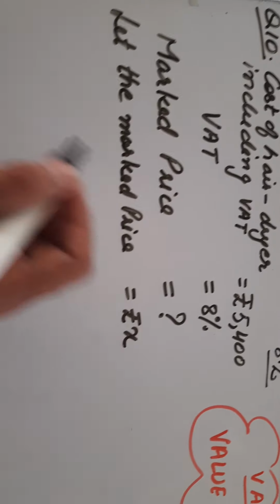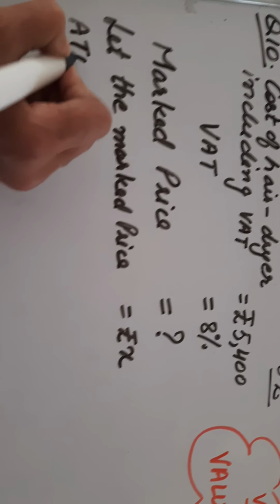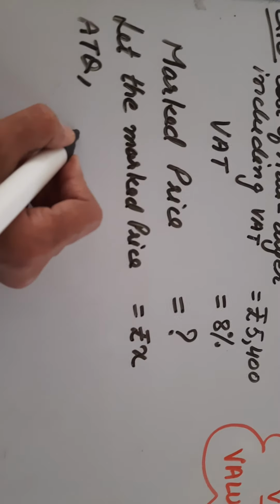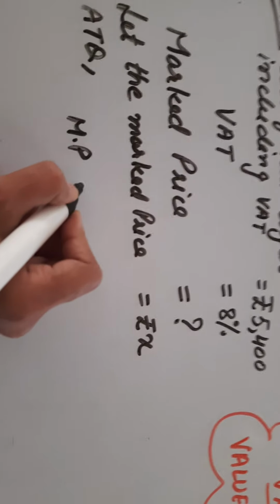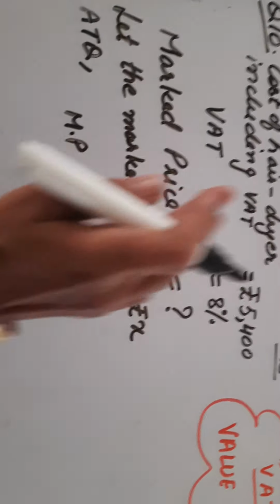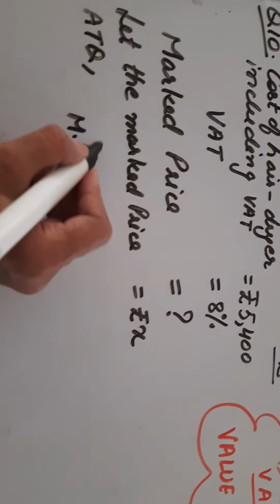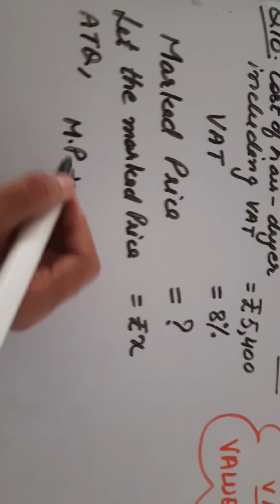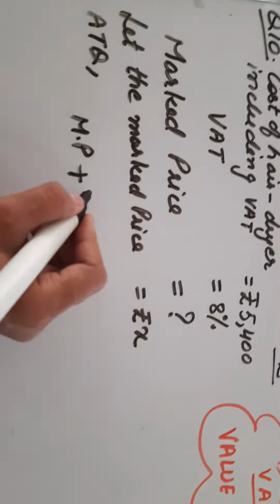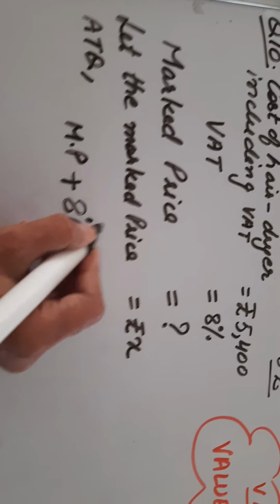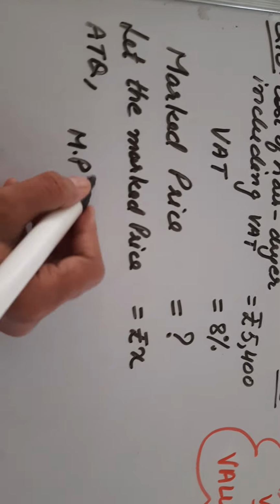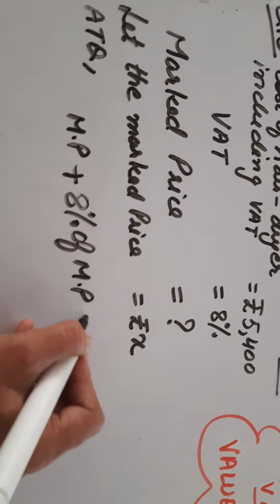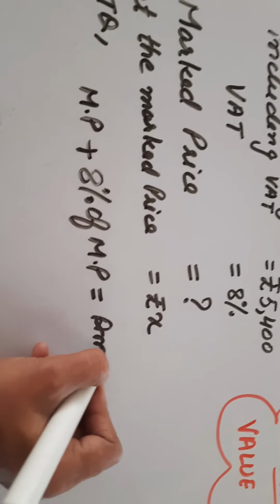We'll take according to the question, the original price means marked price. Now as you know, VAT is there, tax is there. Tax is always added to the marked price. So we will add how much tax is applied? 8%. But 8% of what? Of course, marked price is equal to amount paid.